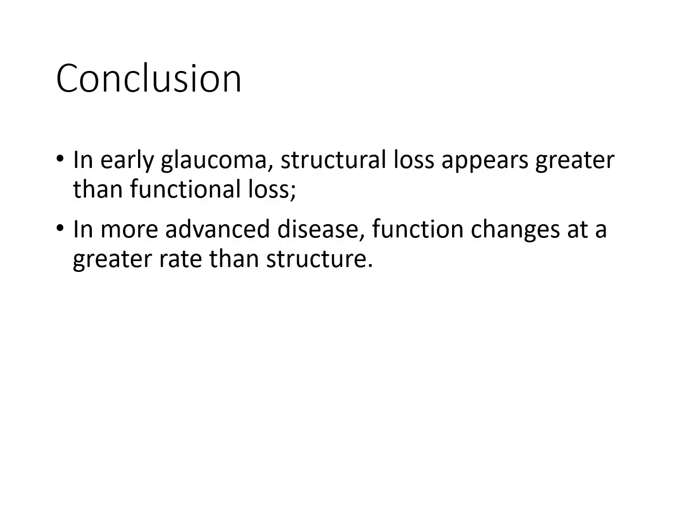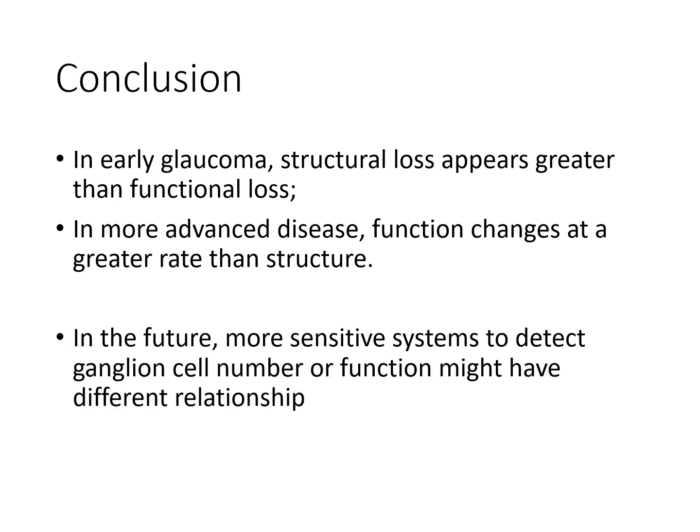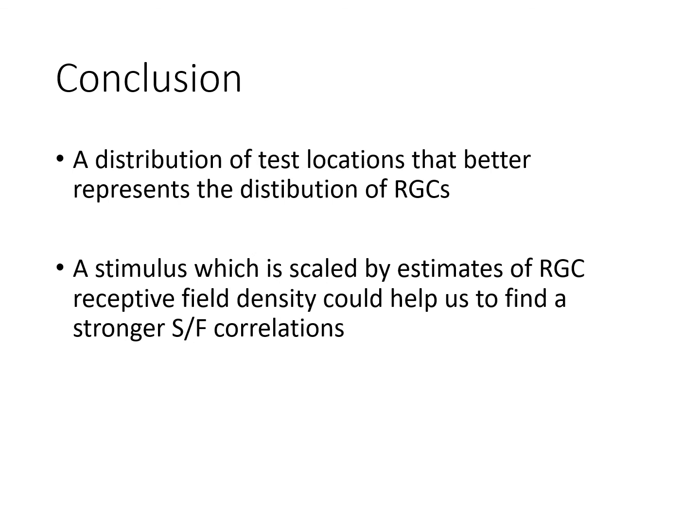In conclusion, in early glaucoma, structural loss appears greater than functional loss. In more advanced disease, function changes at a greater rate than structure. In the future, more sensitive systems to detect the ganglion cell number or function may have a different relationship between structure and function.